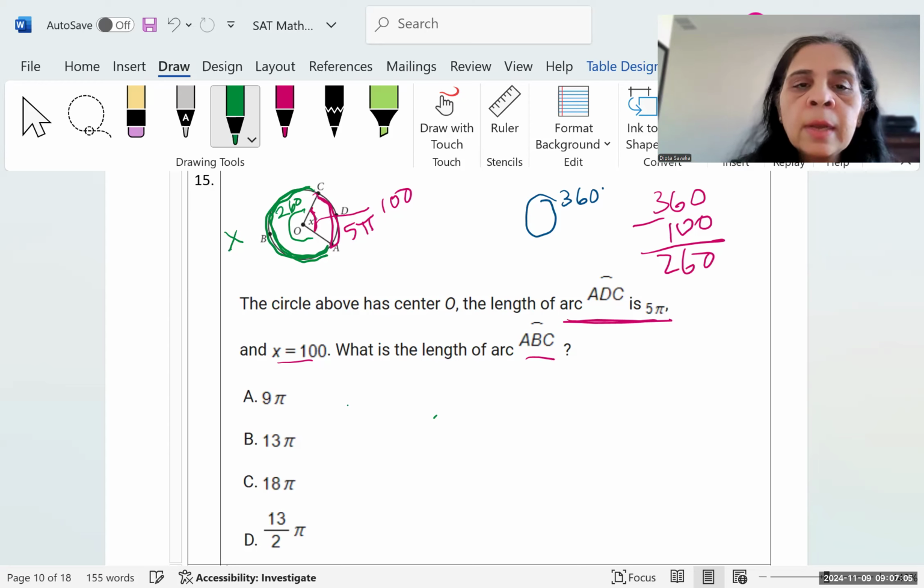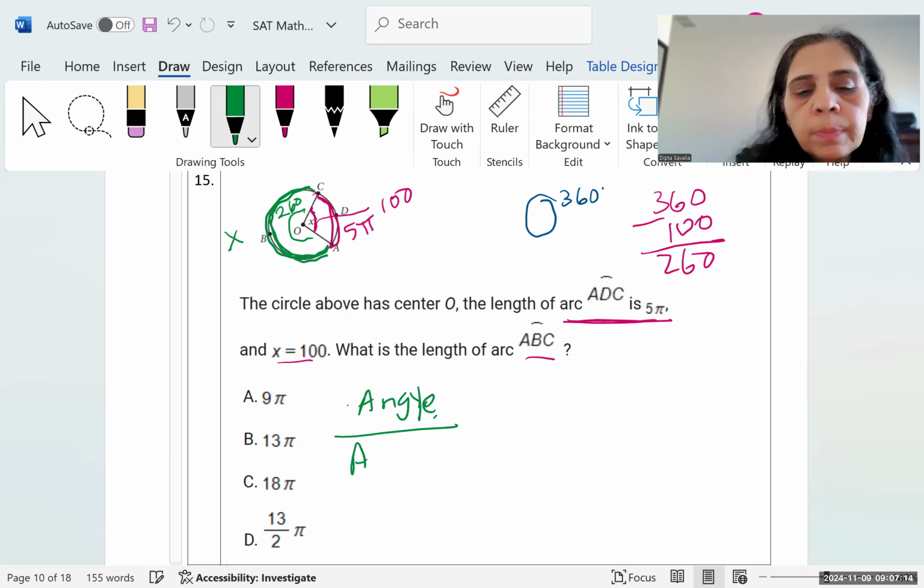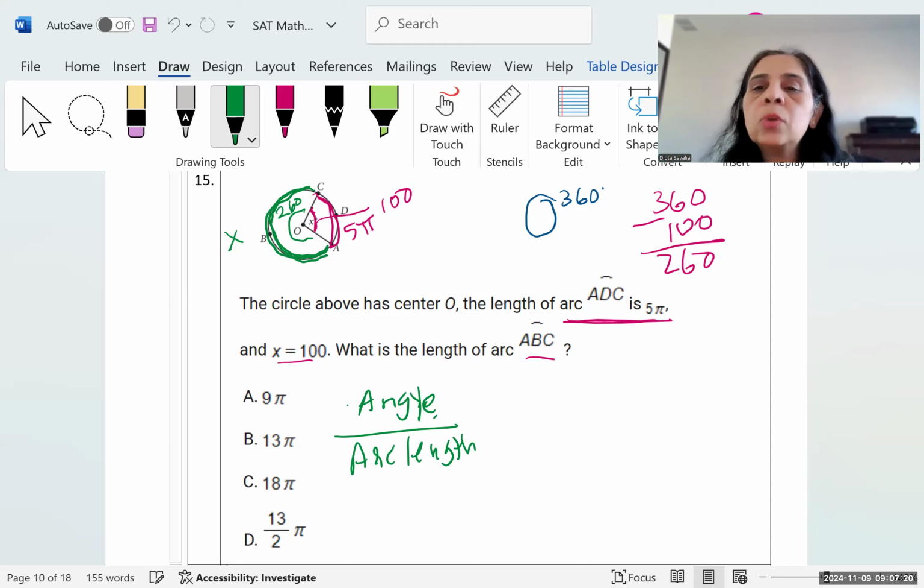So we can make a ratio of angle over arc length. It doesn't matter what ratio you make. You can make arc length over angle or angle over arc length. You don't have to remember, but it is important to write all the information correctly.